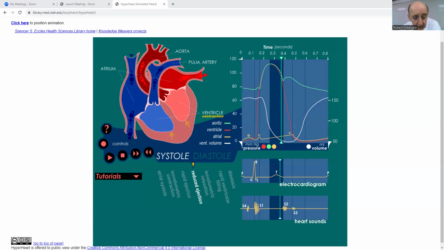The cardiac cycle, the time period for a single heart contraction and relaxation, is 0.8 seconds. So let's see what happens at zero time interval. This is the time when the sinoatrial node creates a nerve impulse.